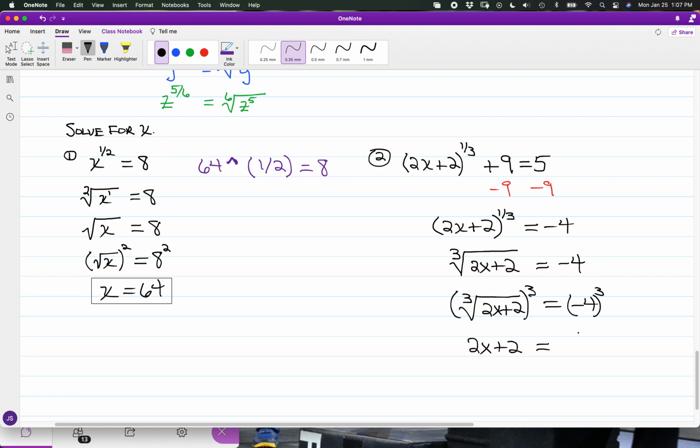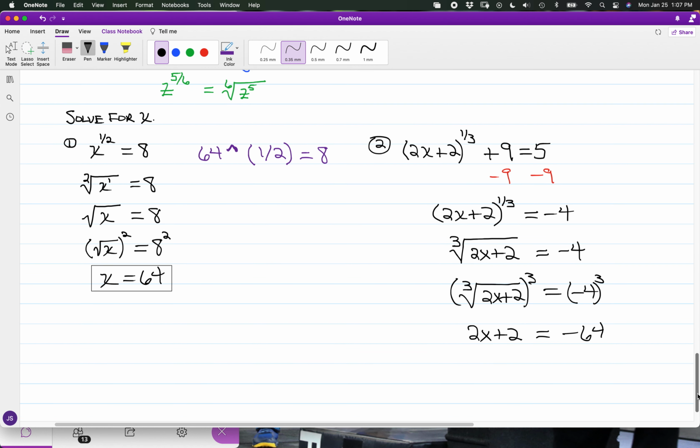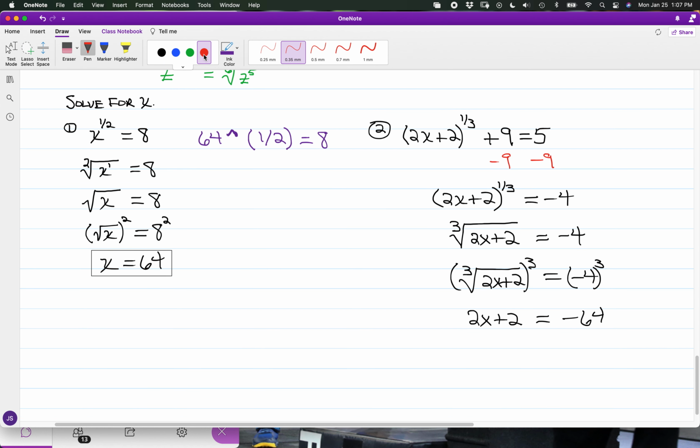To the right, I have negative 4 to the third, so that'll be negative 64. If I take 2 away from both sides, 2x is equal to negative 64 minus 2, which becomes negative 66. And so we have here that x is equal to minus 33.